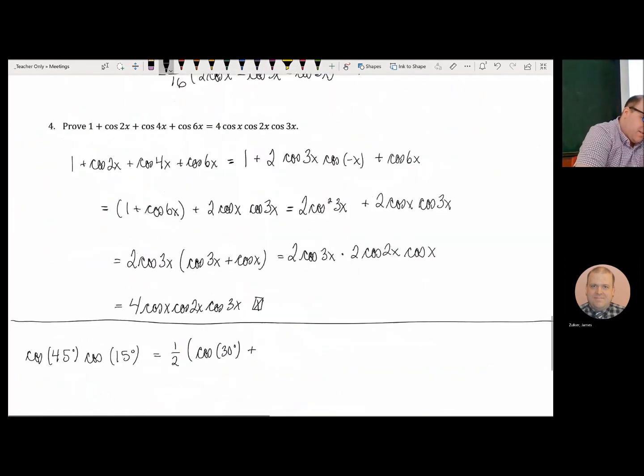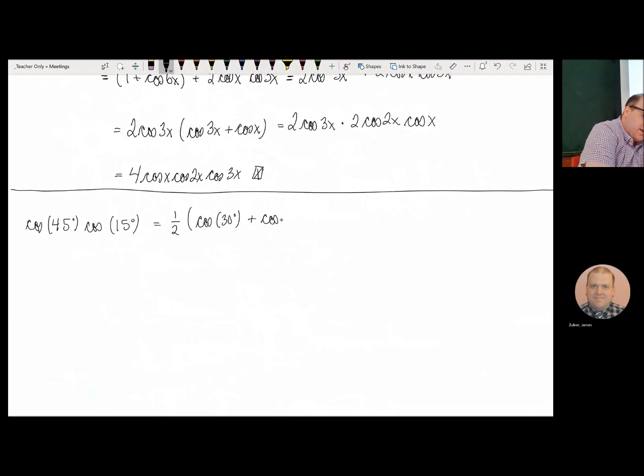Yes. Plus the cosine of their sum. Well, we know cosine of 30 degrees, right? What is cosine of 30 degrees? What is cosine of 60 degrees?